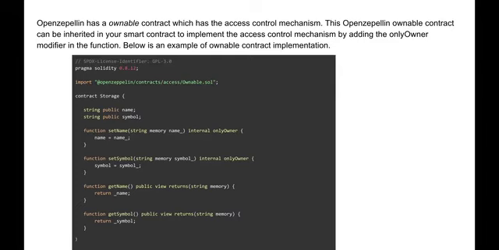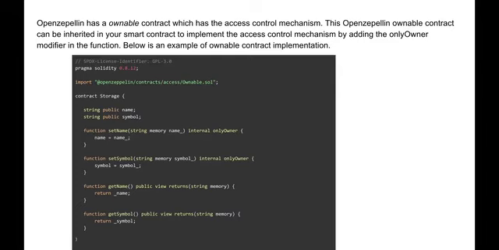So this means that it is only the owner, or the single admin, that can access that particular function that has the onlyOwner modifier. If someone that is not the admin, or probably another strange address, tries to interact with the function, it will throw an error message. It will not work. The example below is an example of an Ownable contract implementation.